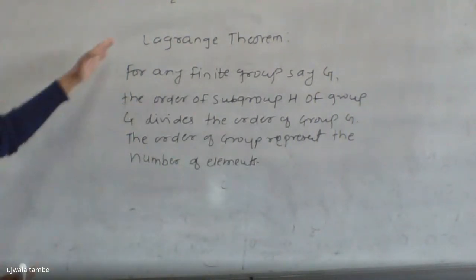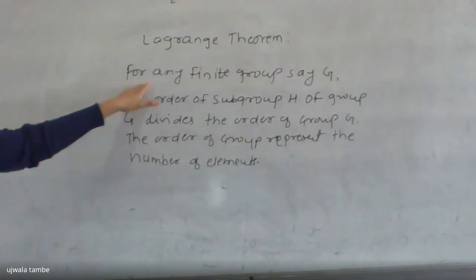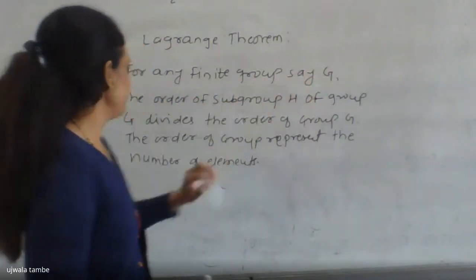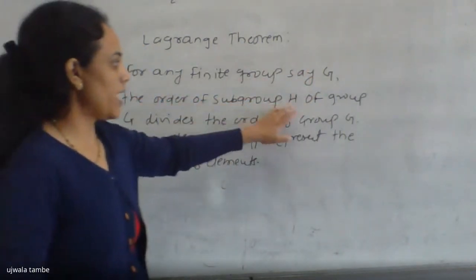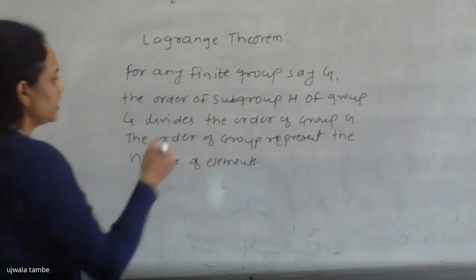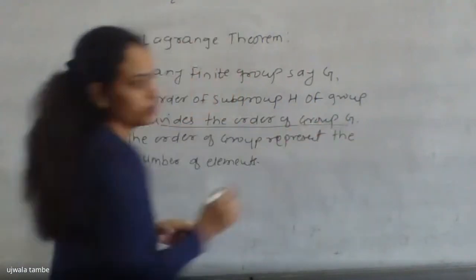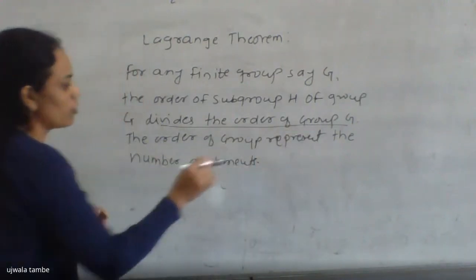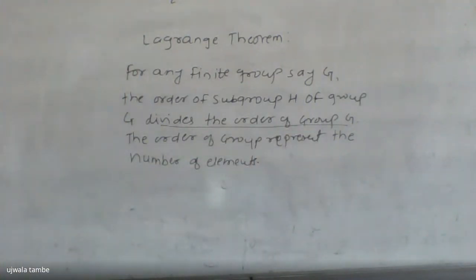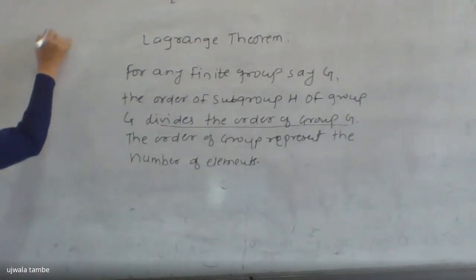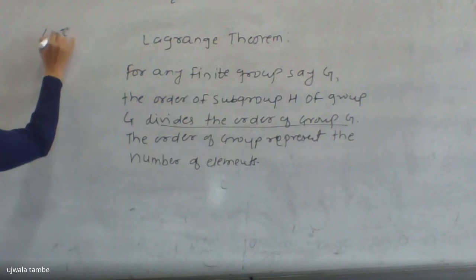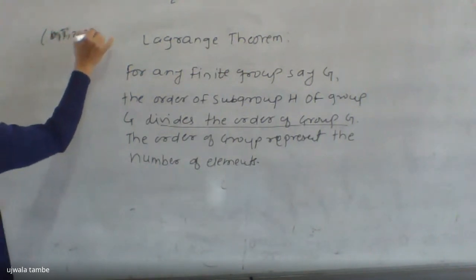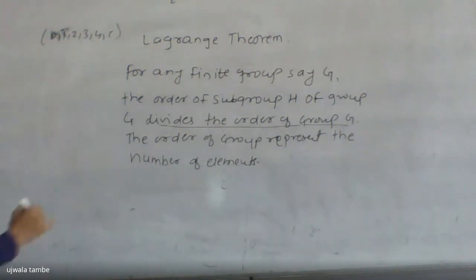Okay. So what is Lagrange theorem? For any finite group, say G, the order of subgroup H of group G divides the order of group G. And what is meant by order? It represents the number of elements present in set G. For example, in our previous example, there are 6 members, that is 0, 1, 2, 3, 4 and 5. Right?